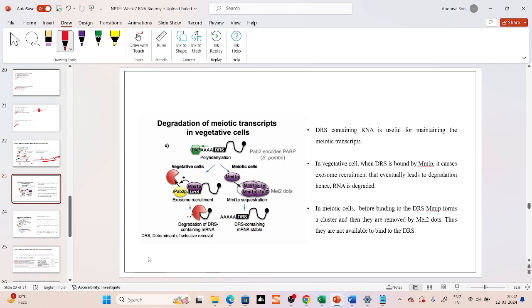So basically DSR, what are DSRs? DSR containing RNAs are useful in maintaining the meiotic transcripts. That means in the mitotic cells, DSR containing RNA has to be degraded.